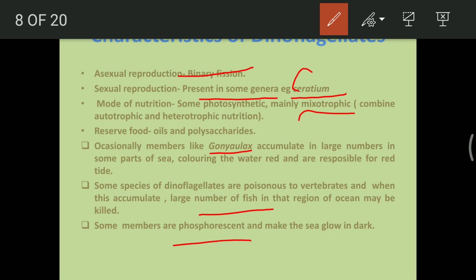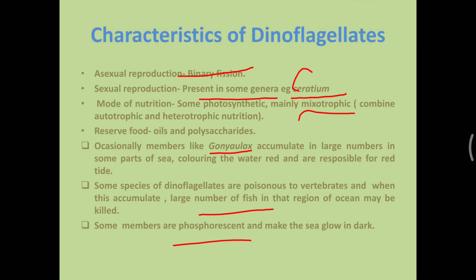So all organisms which show phosphorescence have ATP within them. And when they are glowing, this ATP is breaking down and releasing the phosphate, and because phosphate has high energy, it shows luminescence, and that's why they are shining or visible in that condition.